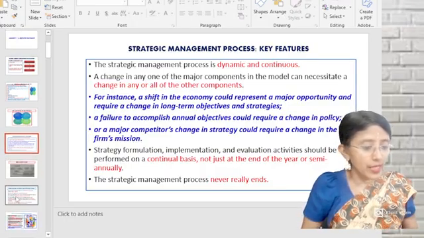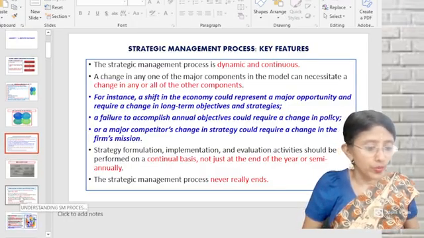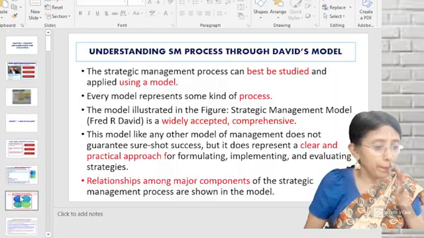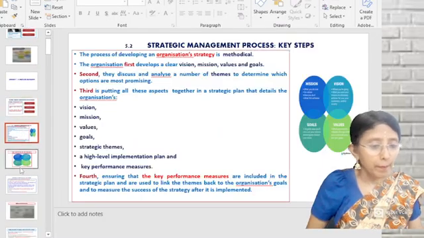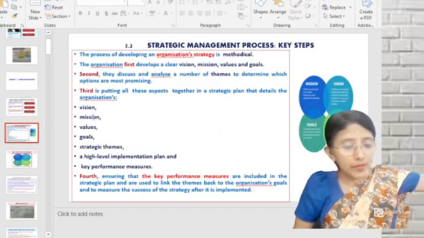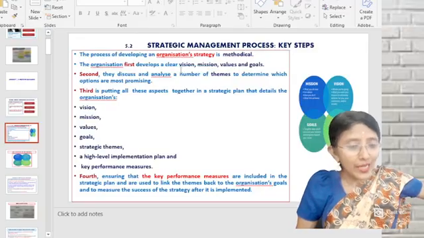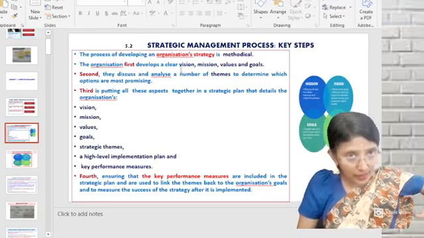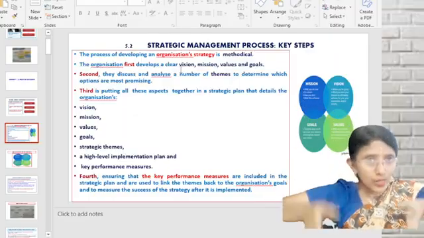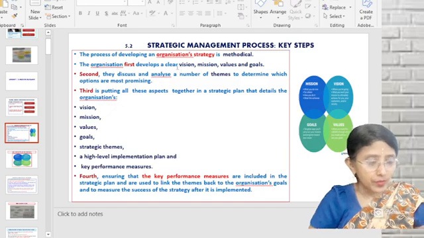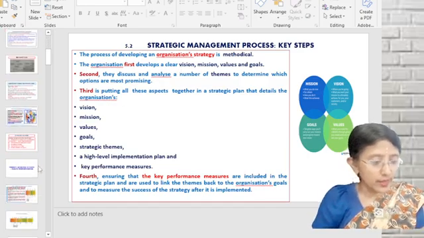My dear students, are you able to follow what I am trying to tell you? These 5 steps are given to you. These steps are elaborated, and even under that, vision is given separately, goal separately. Okay, that is how you have to understand this part.